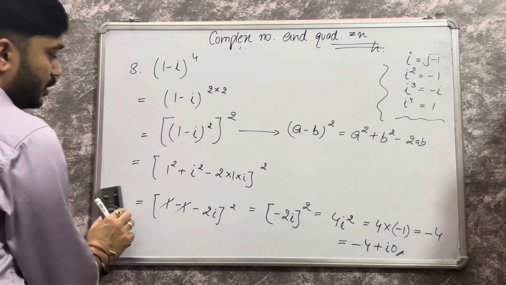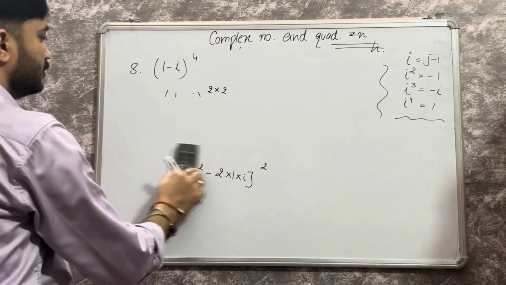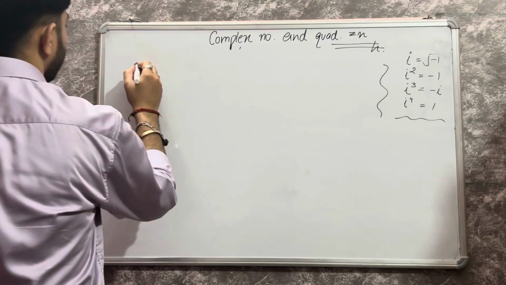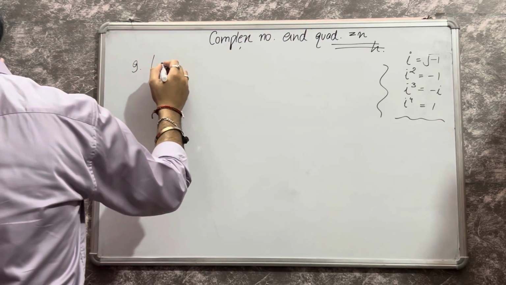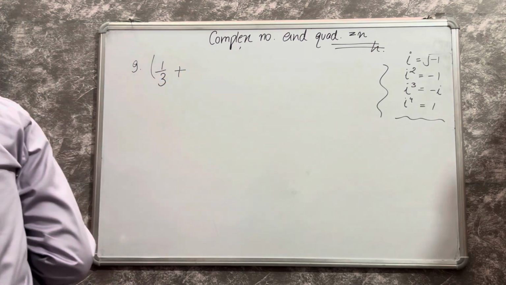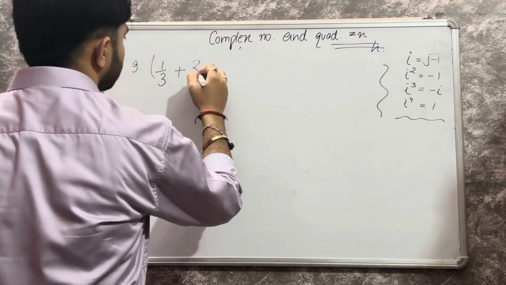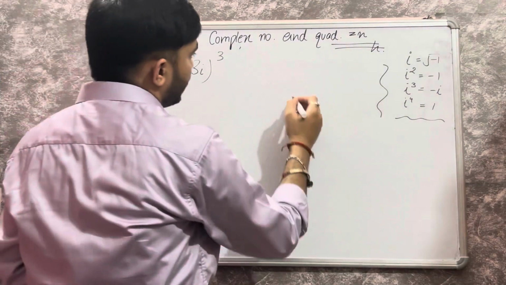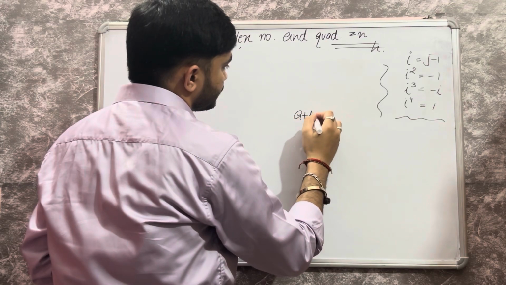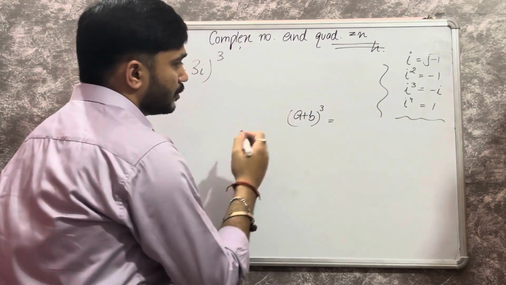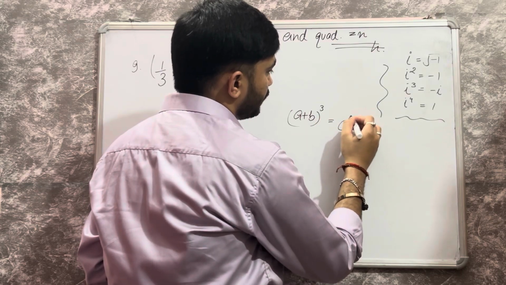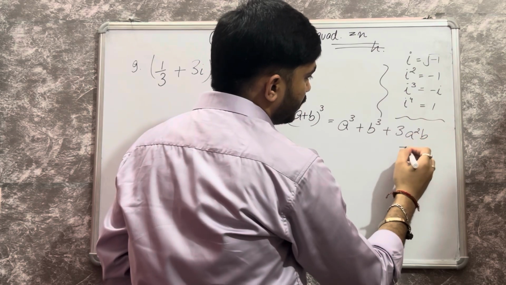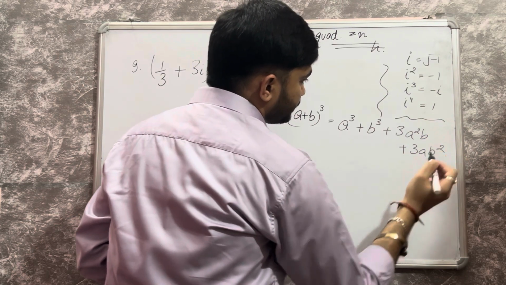Now moving forward to the next question, question number 9: (1/3 + 3i) whole cube. Here we are going to apply the formula of (a + b) whole cube. The formula is (a + b)³ = a³ + b³ + 3a²b + 3ab².